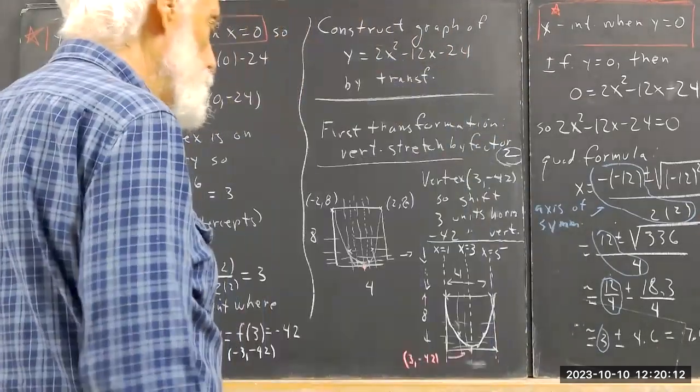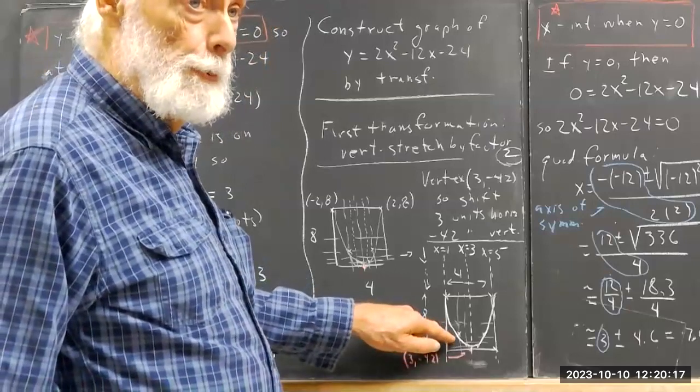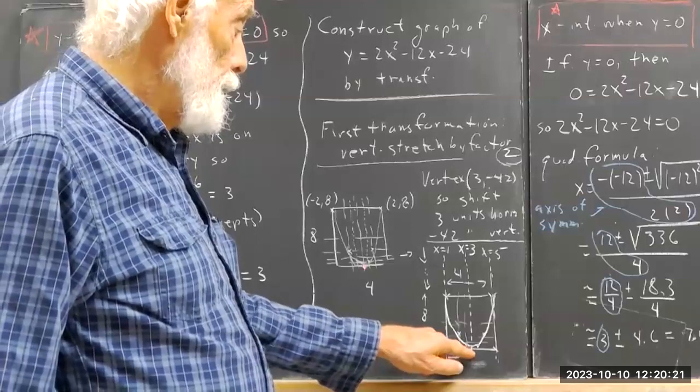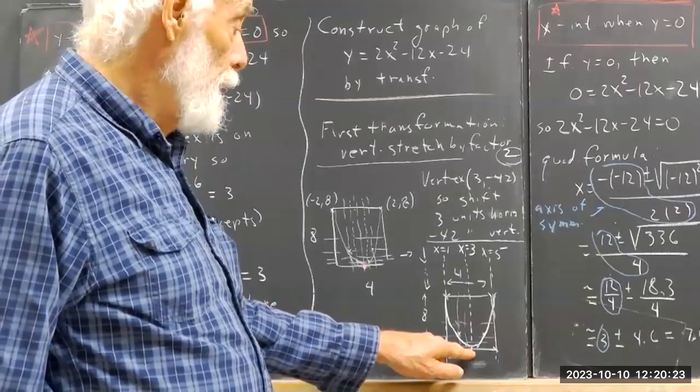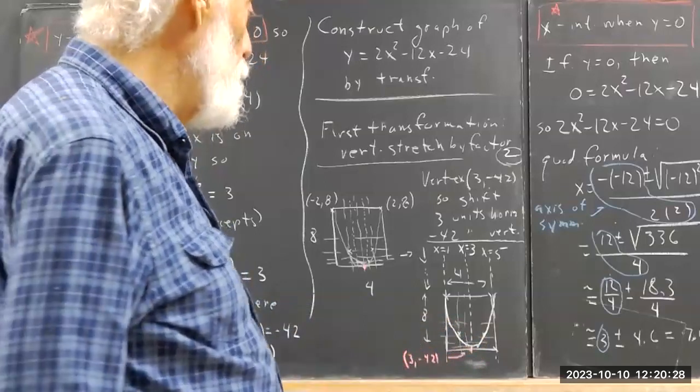Badly drawn, but there it is. I can figure out what the coordinates of these points are. If the coordinate of the vertex is 3, -42, I know how far I've got to go up and over to get to each of these points, so I can figure out all the coordinates.